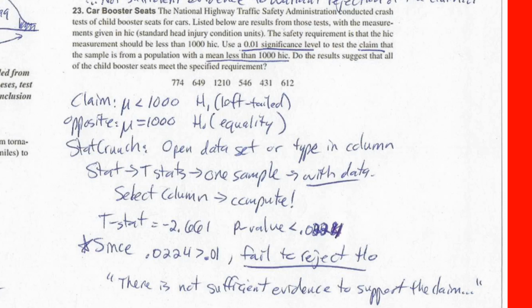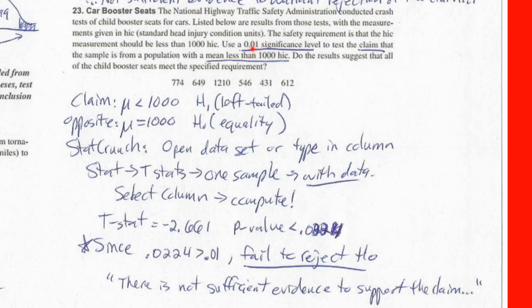Next, number 23, car booster seats. We have some data this time, okay? So that means they're not going to give us the summary statistics, but thank goodness for StatCrunch, okay? Now, let's go ahead and pay attention to the alpha, which is very, very small, which means they are getting very strict on the test, okay?